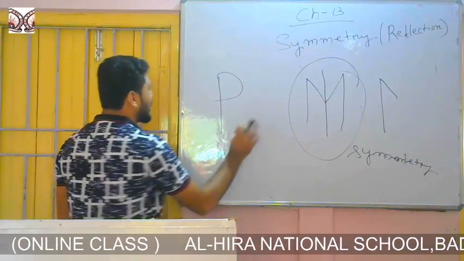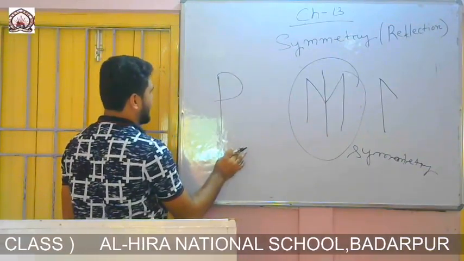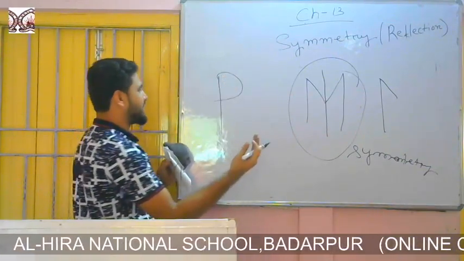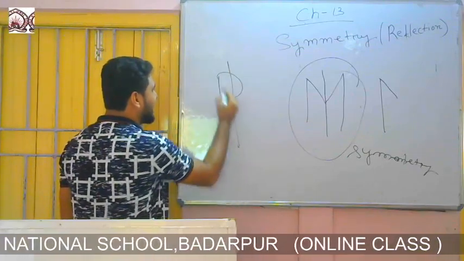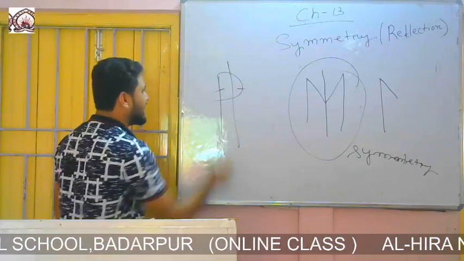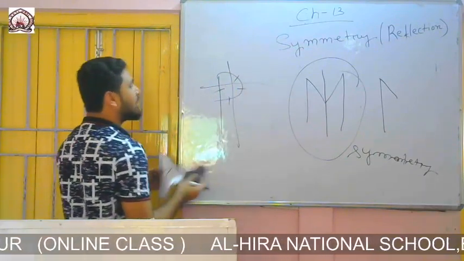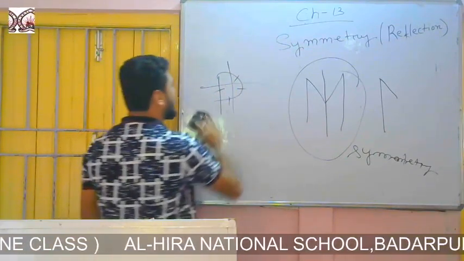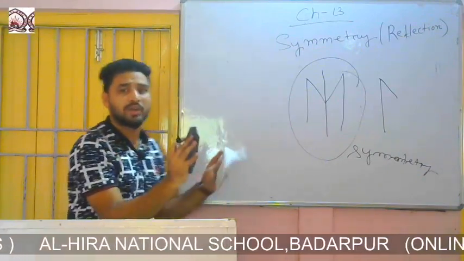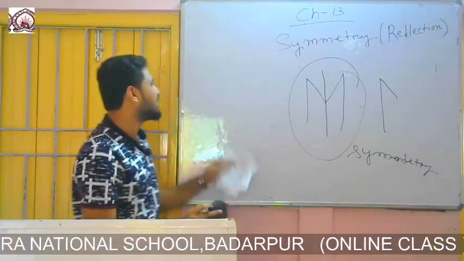I cannot draw any line which divides the p into two equal parts. If I draw like this, this side and this side are not equal. If I draw like this also, this side and this side are not equal. So we cannot divide p into two exact parts. So there is no line of symmetry.